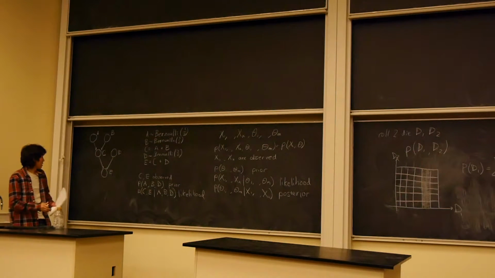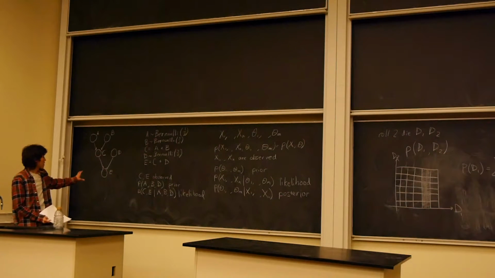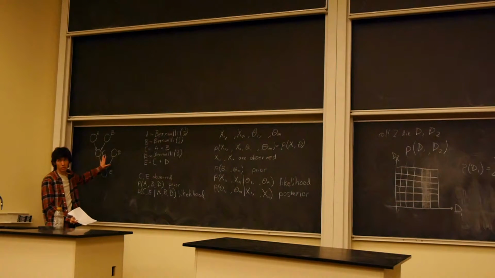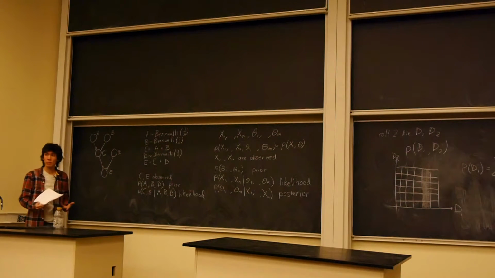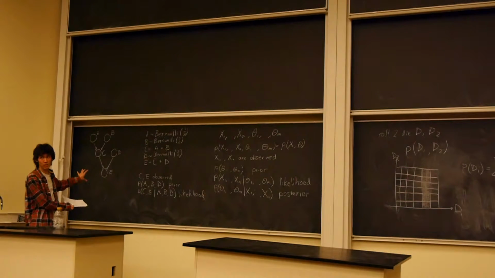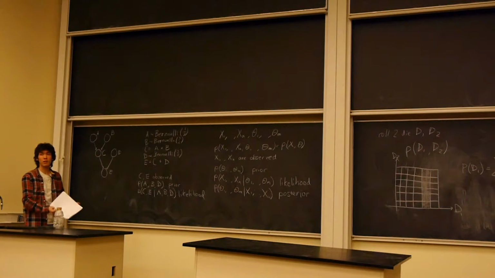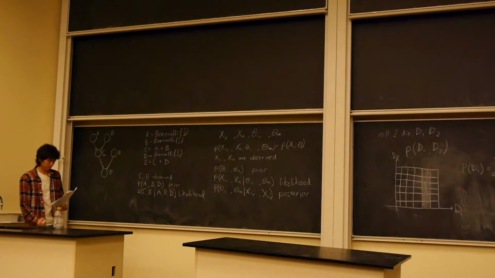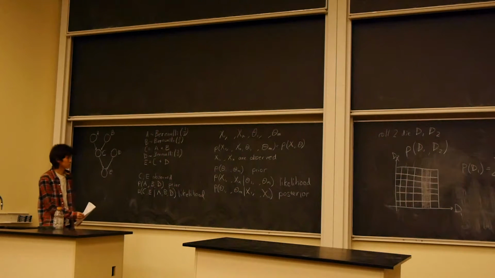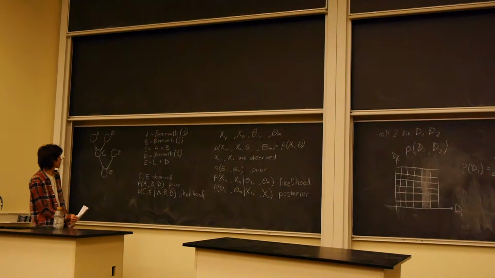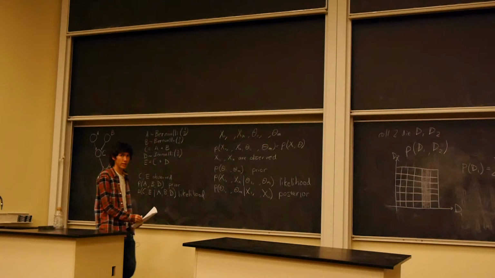And here, this graphical representation corresponds to this probabilistic model. And when we say graphical model, we usually mean both the graphical representation and the probabilistic model together. They constitute the graphical model. Any questions on that so far?